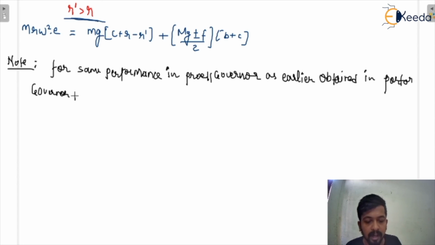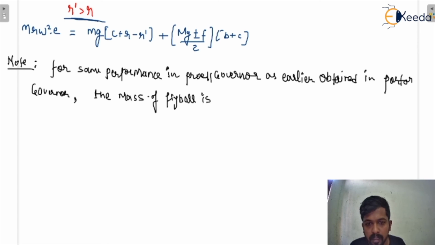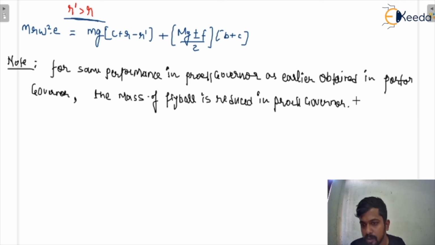In case of the Powell governor, the mass of the flyball is reduced. So if the mass of the flyball is reduced, that means overall inertia is going to be reduced, yes or no? So in case of the Powell governor, overall inertia is reduced.